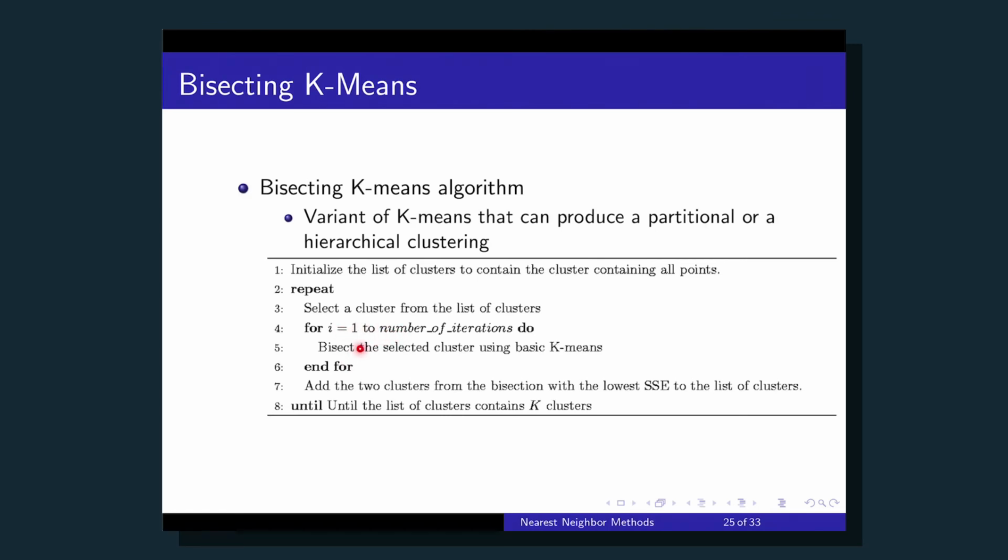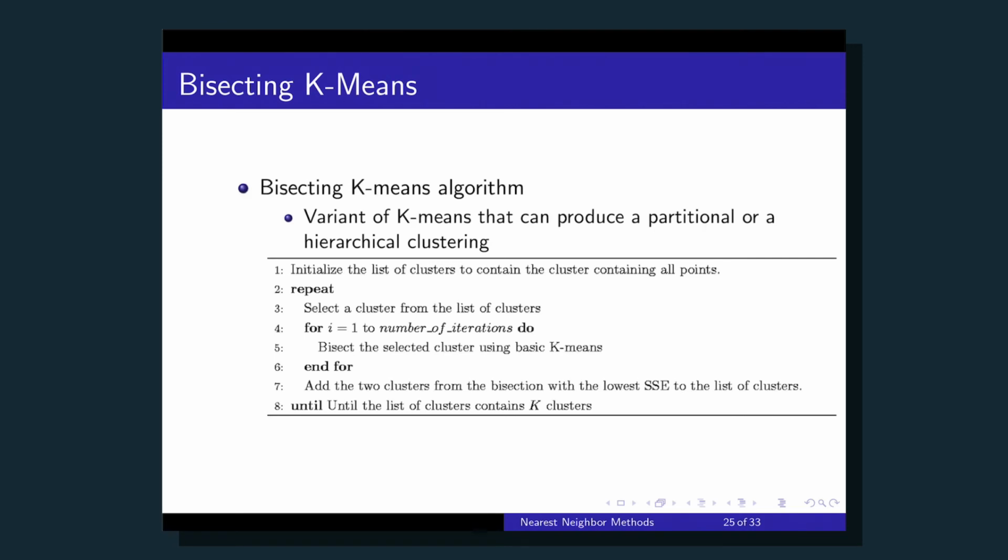So you run k-means with k equal to 2. So you basically divide your initial large cluster into two small clusters.